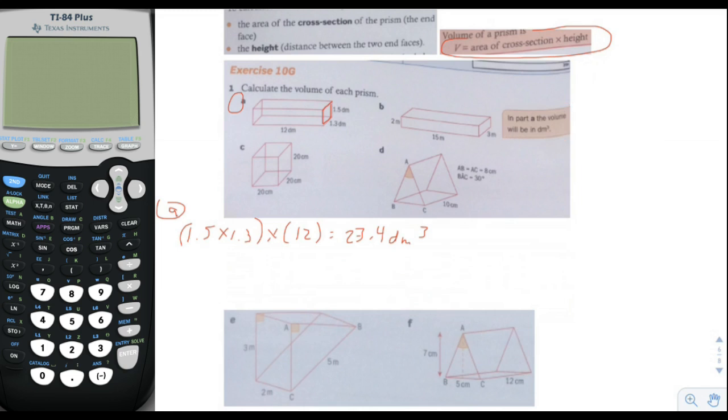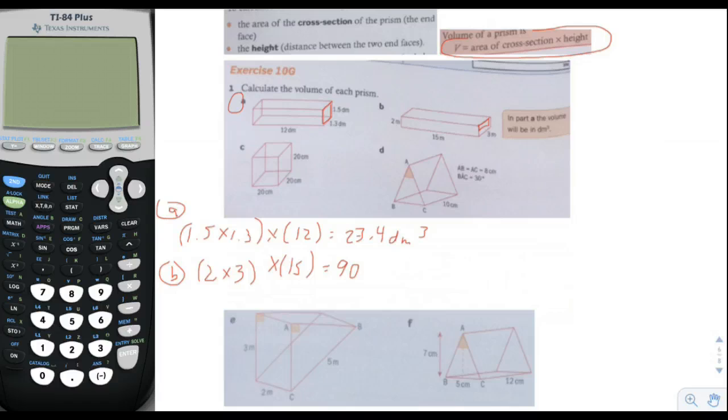Okay, B. So B has a cross-sectional area here of 2 times 3 meters. And then it's multiplied times a length of 15. So that would be 2 times 3 times 15. 90. Okay. And the ones that are rectangles are quite easy, right?